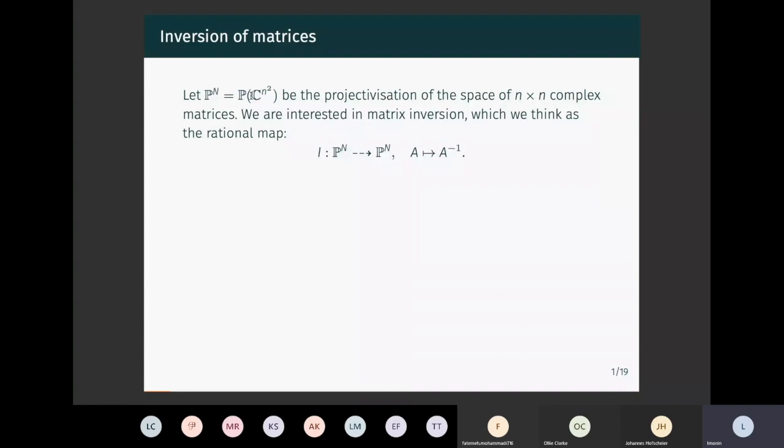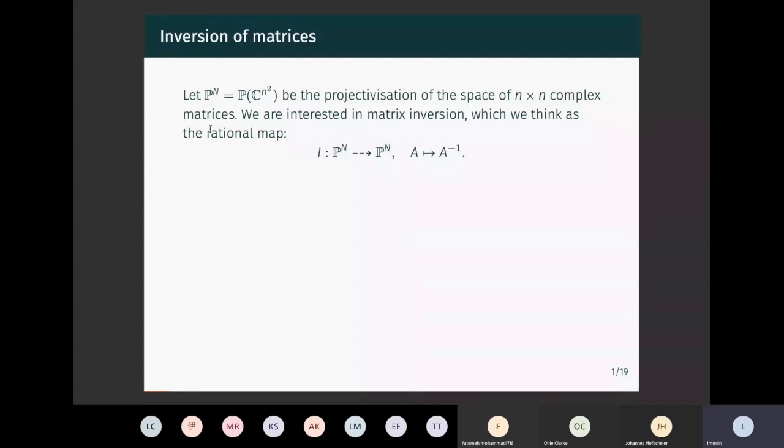But during my talk, I will always denote by capital N the dimension of the space I'm working with. To start with, capital N is equal to small n squared, but later it will be something else when I pass to symmetric matrices. But capital N is always the dimension of the space I'm working with.